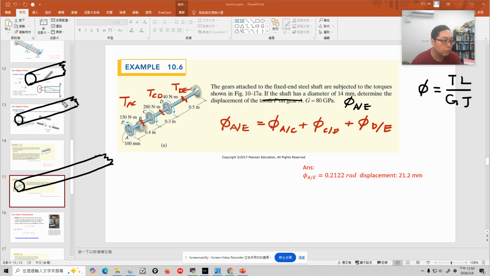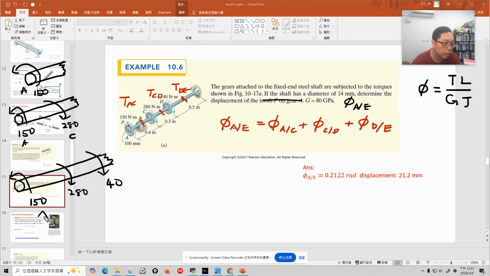At position A, we have a torque of 150. Then position C, with 280, and position D, which is 40.